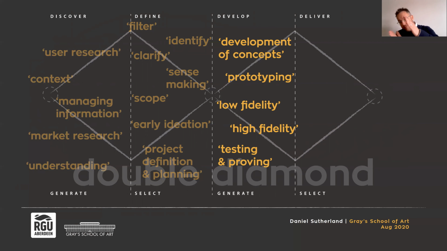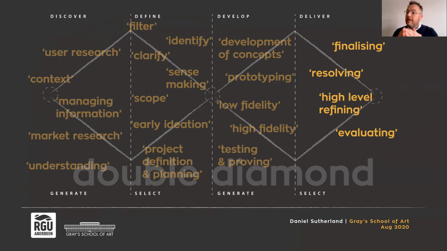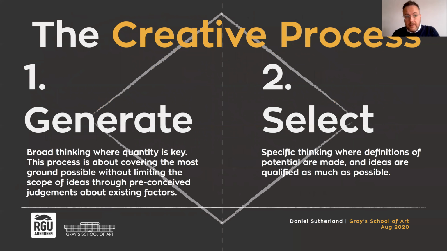And again, you're broadly thinking about information and develop, and you're beginning to select and define solutions in your delivering phase. And a lot of the time, this is called divergent and convergent thinking. But in general, the creative process is about generating and it's about selecting. So in any one of these diamonds, you are going through a period of generating information.